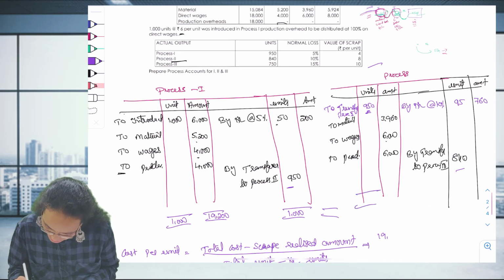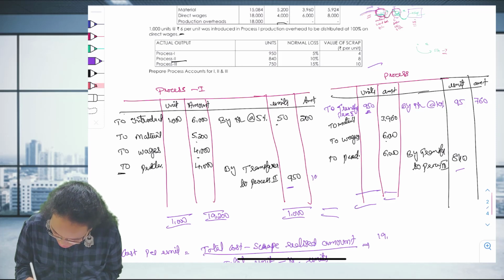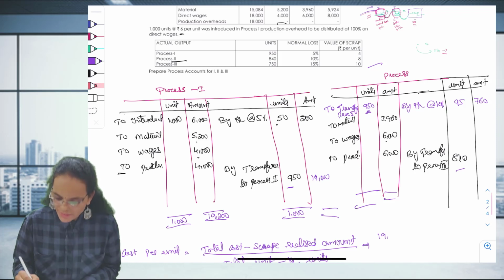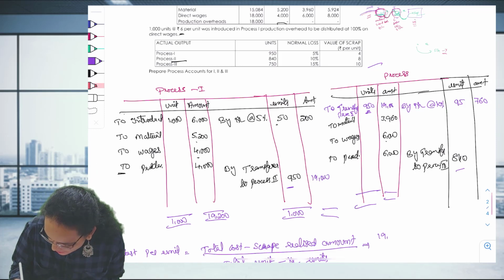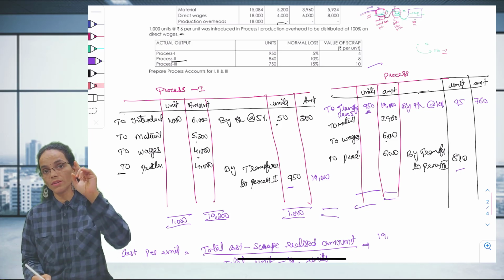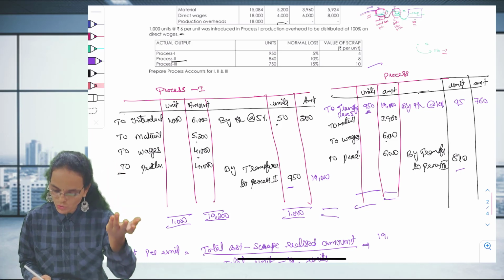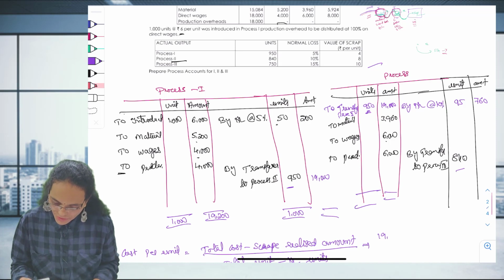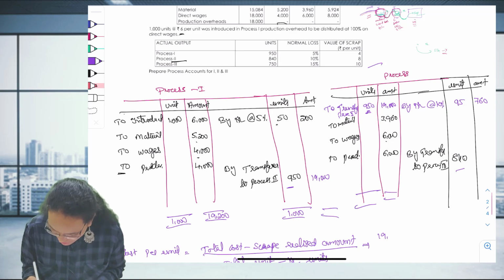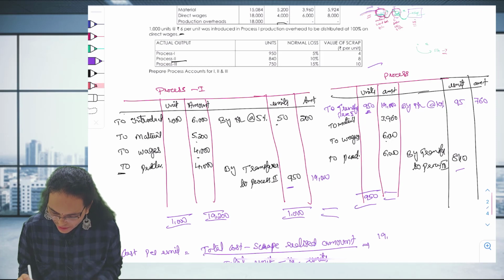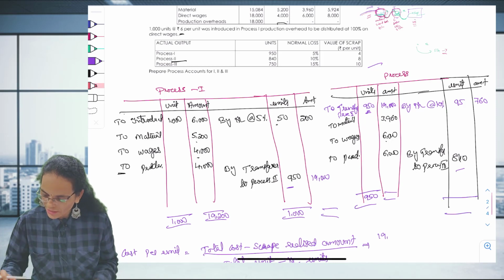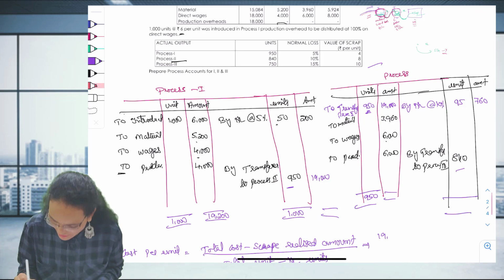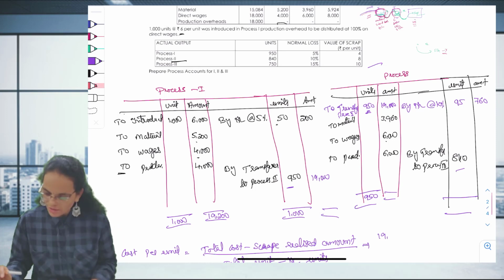Next, come to the second one. 19,000 rupees is the value. Here, this 19,000 will be the opening work in progress of the process 2 cost. Here 950 units. Here 950 minus 95, that is 855 units.